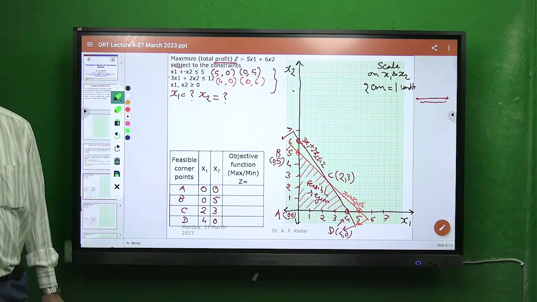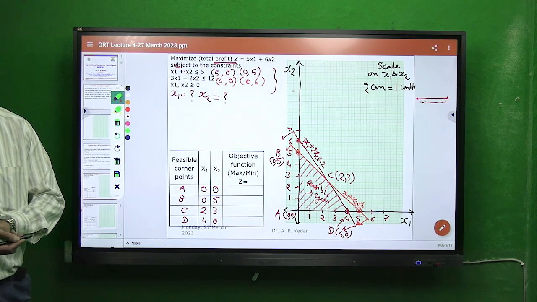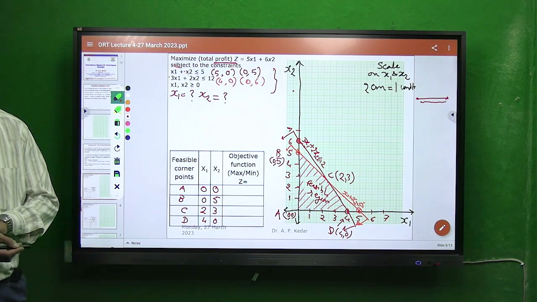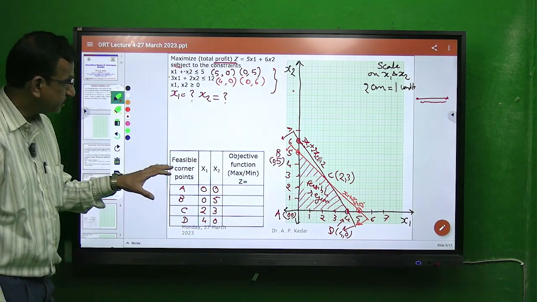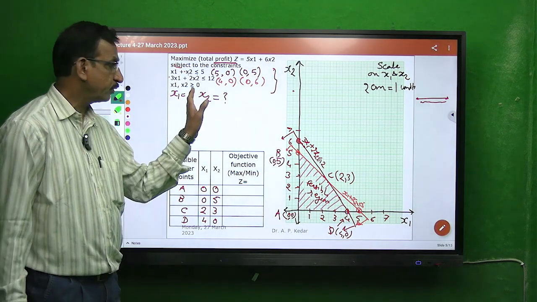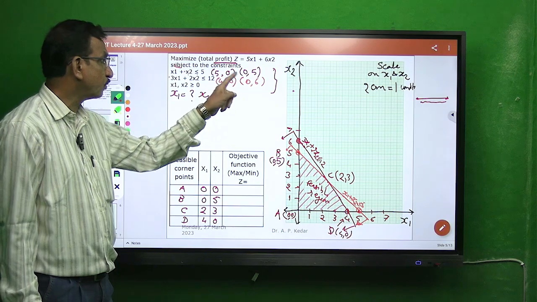So students, what we did till now is we have drawn mathematical straight lines on a graph paper from the given constraints by finding their coordinates.